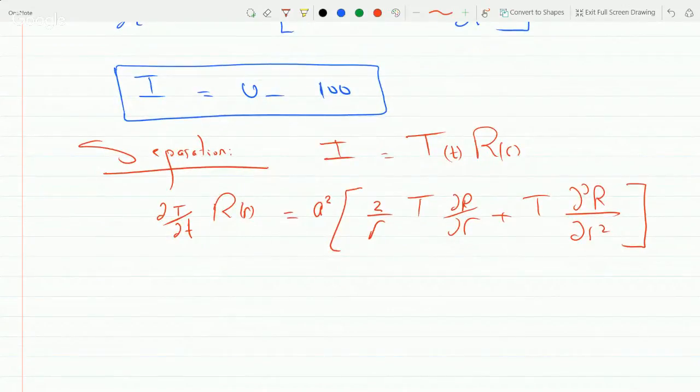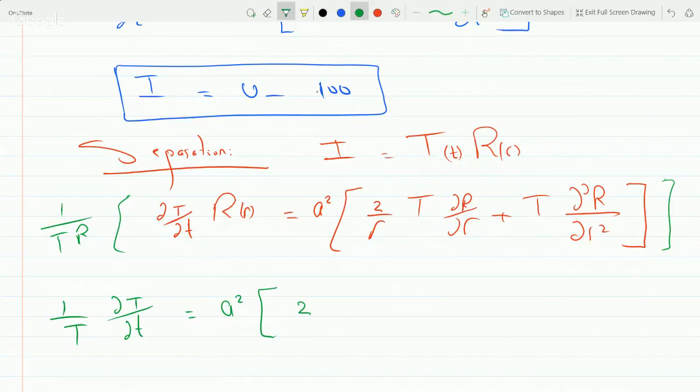And so now we're going to divide by RT. If we do that, so divide this whole thing by RT, we will get 1 over T dT over dt equals a squared times 2 over r 1 over R dR over dr plus 1 over R d squared R over dr squared.